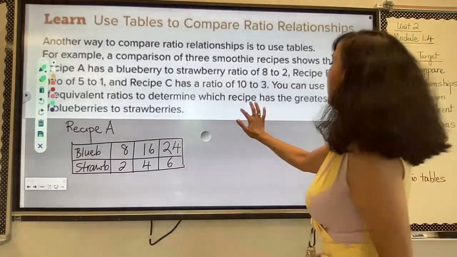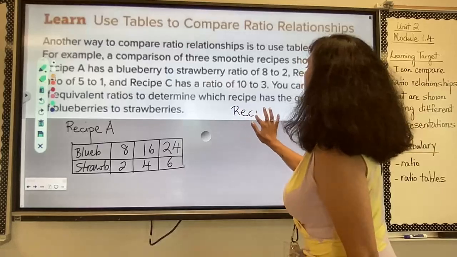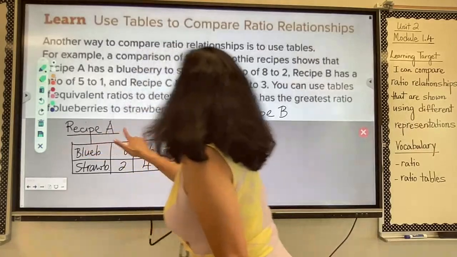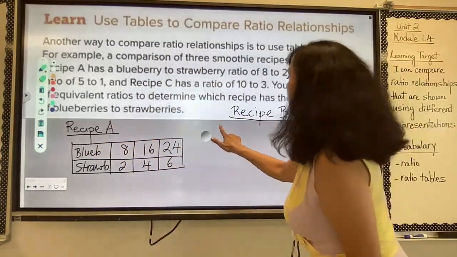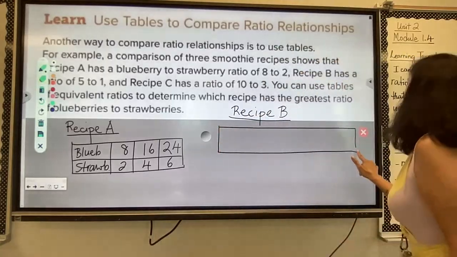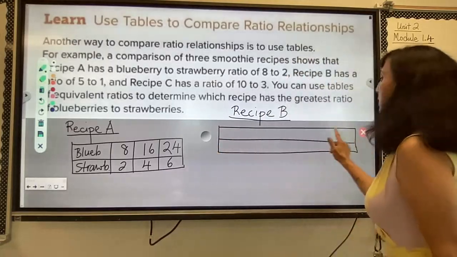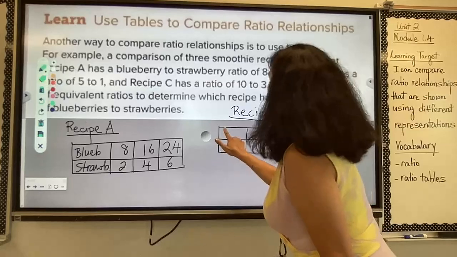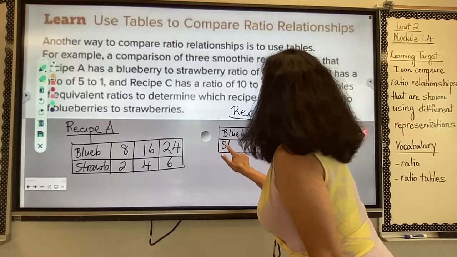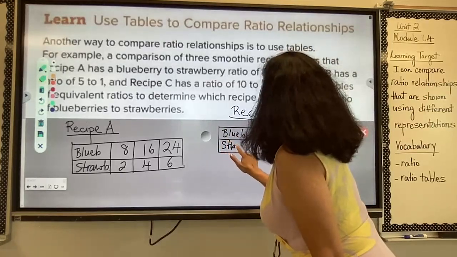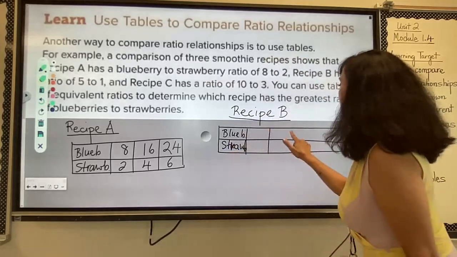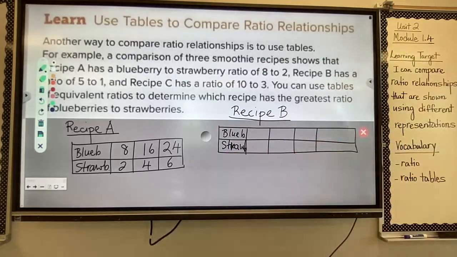Let's do recipe B. So this was recipe A, this is recipe B. I'm going to do the same thing. I'm going to have my blueberries over here and my strawberries, and then I'm going to create an equivalent ratio table.